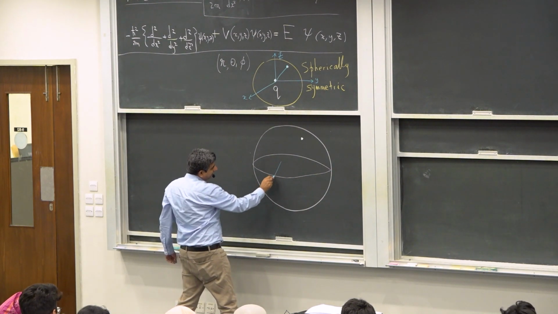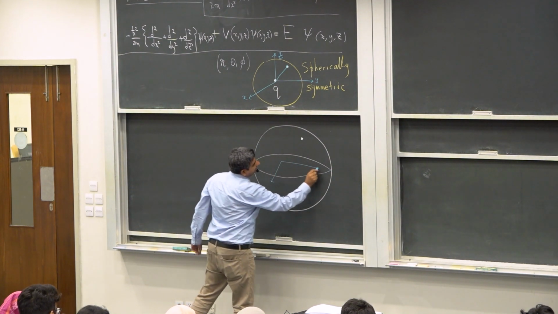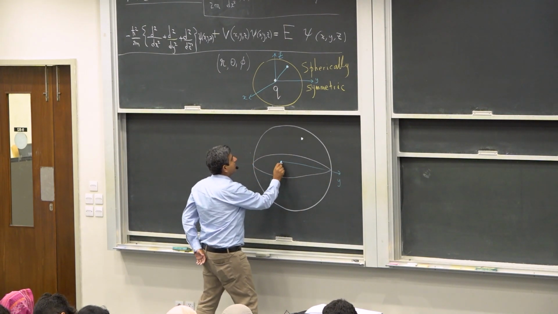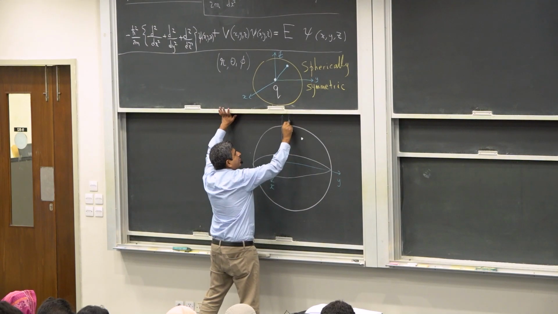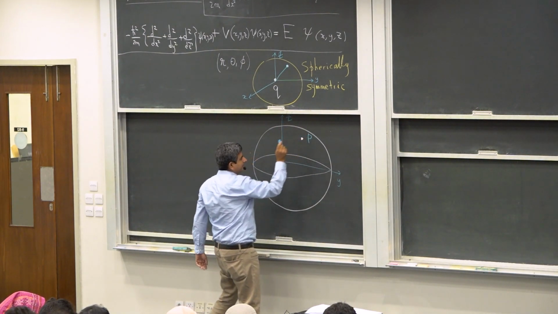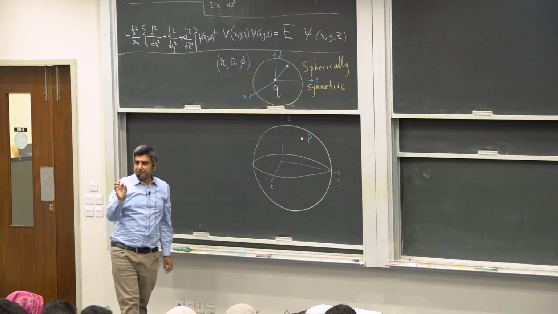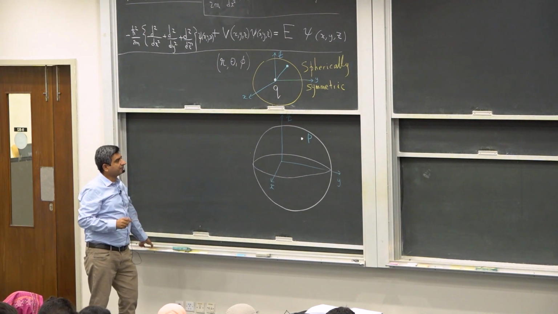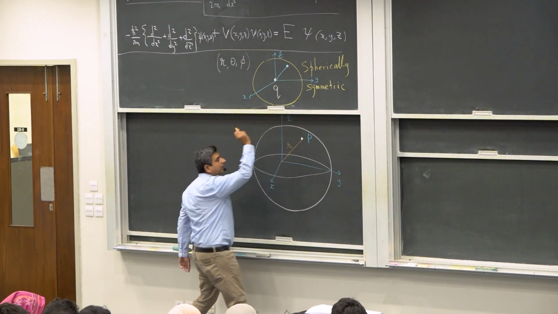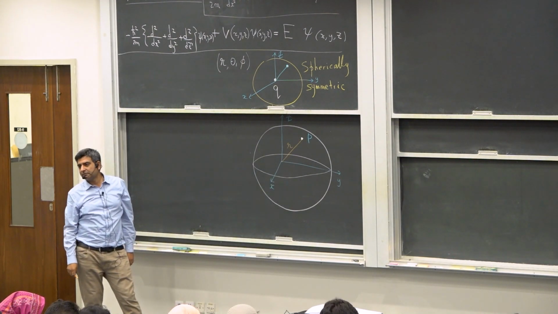First of all, I draw axes, an x-axis, a y-axis, and a z-axis. This point P on the sphere is identified by three variables. One of them is simply the distance from the origin. That's r, the radius.